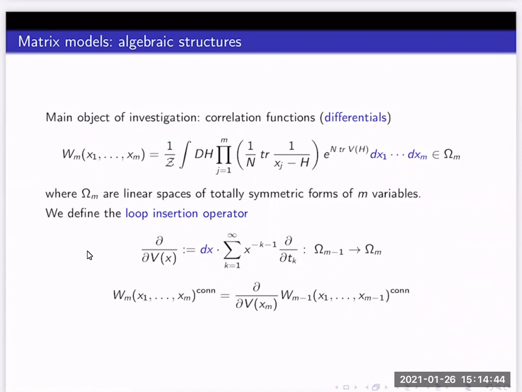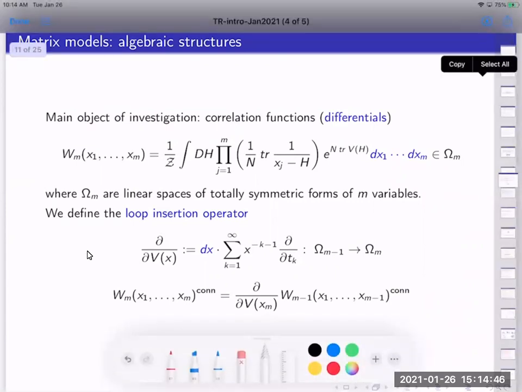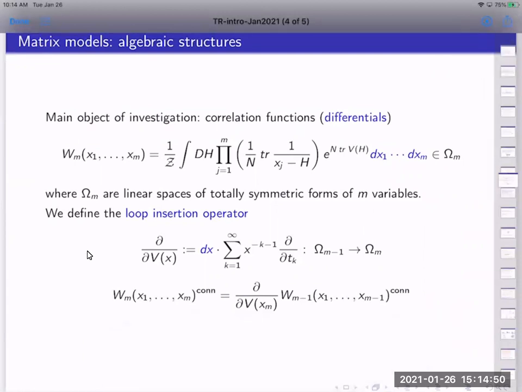And again, as always, it's not exactly a function. In what follows, we consider them to be differentials. Why? Well, because it works well.